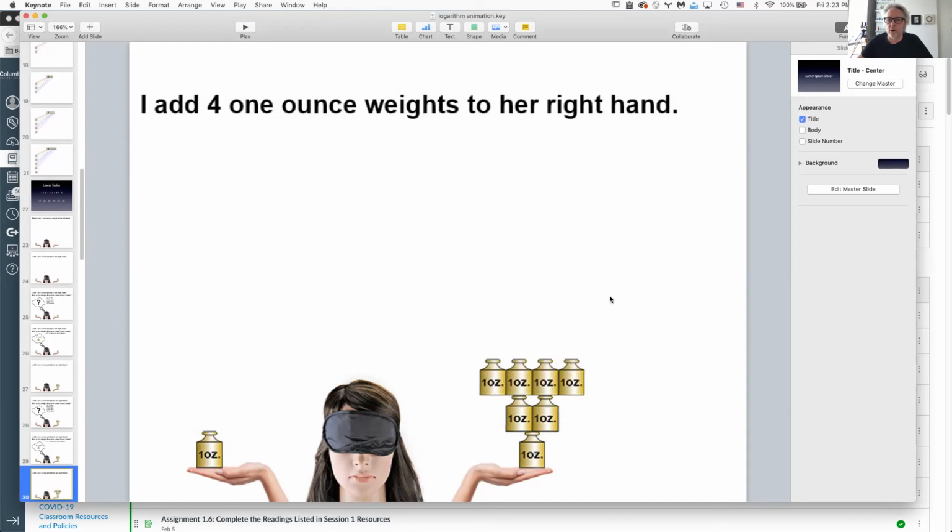Now I'm going to add 4 ounces to her right-hand side. Again, she knows that there's more weight on this side. However, my question is not that. My question is, does she believe that the 4 ounces of weight that I just added is the same as the original 1 ounce increment of weight that we started with?